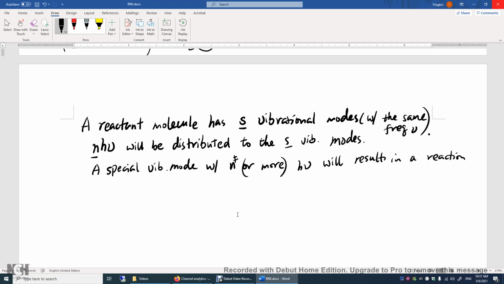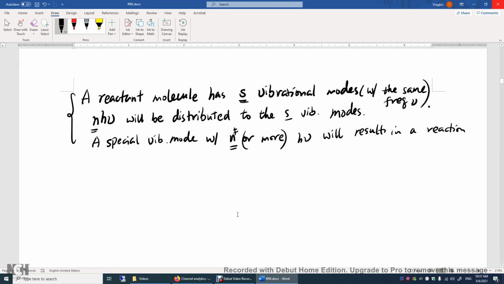All right, so we have another variable here, n double dagger. Now we defined these three variables. We have S vibration modes, we have N energy quanta, and the special vibration mode of this molecule needs n double dagger energy quanta to have this reaction proceed.